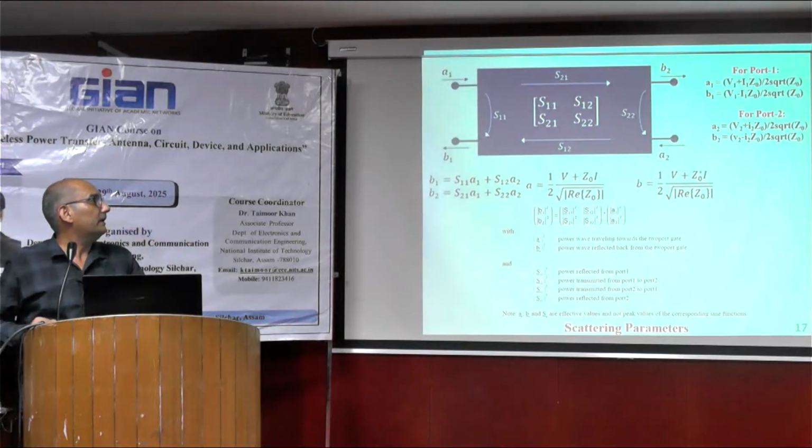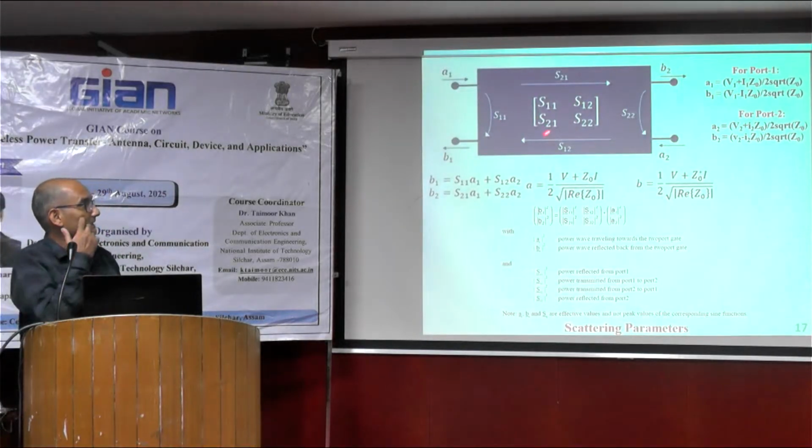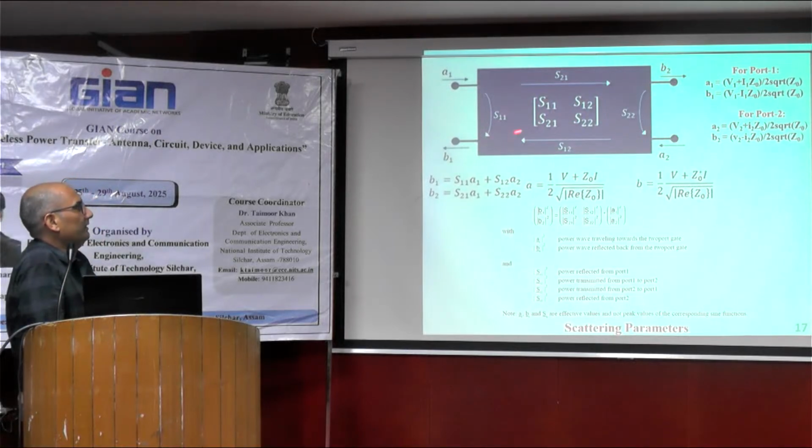Then just see what is happening, same as parameters S11, S21, S12, and this way. Then B1 equals this equation that we have calculated, then A in terms of source, this one. Then the other way of representing for port 1, port 2, we have taken the power wave traveling towards the two port, that is mod of A square.